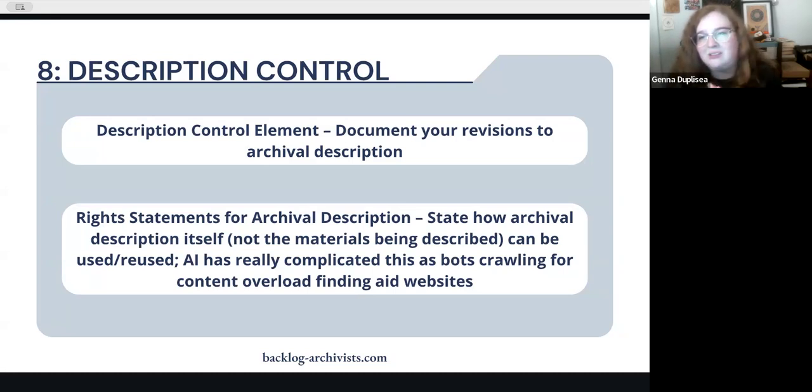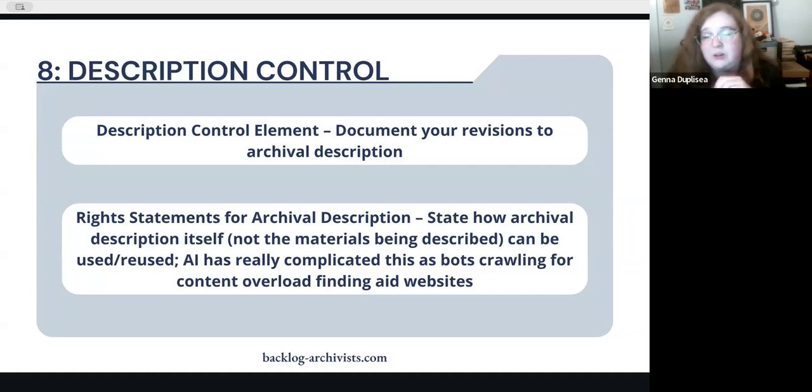But what about the conditions governing the use of the description itself? In this statement, you talk about how the archival description itself, so these long notes that you're writing, can be used or reused, because a lot of times there's a lot of research that goes into them. So you might say this is under a Creative Commons license, or this is copyright the university. AI has made this really complicated.